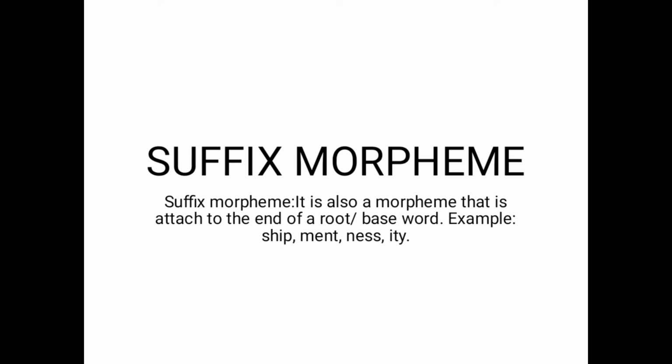When you attach it to the end of a word like fellow, you get fellowship, right? And another one is friendship, you will get worship, and also relationship. So we see that the ship is attached to the end of these words.